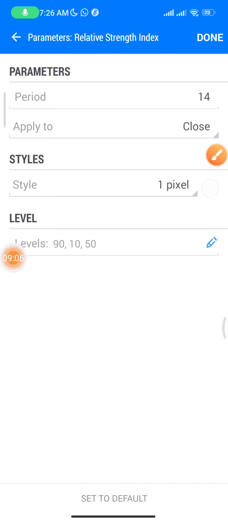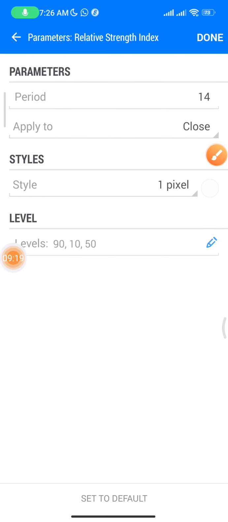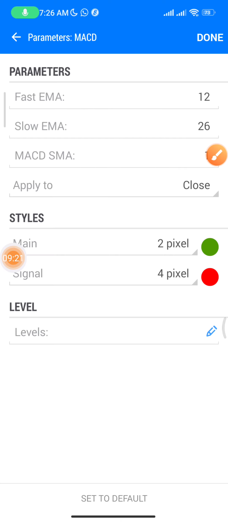On the relative strength index, the period is 14, apply to close, style is 1 pixel, and on the levels I have 90, 10 and 50. You can add level 30 and level 70 also. On the MACD, fast EMA is 12, slow EMA is 26, MACD SMA is 1, apply to close, main is 2 pixels of green, and signal is 4 pixels of red.